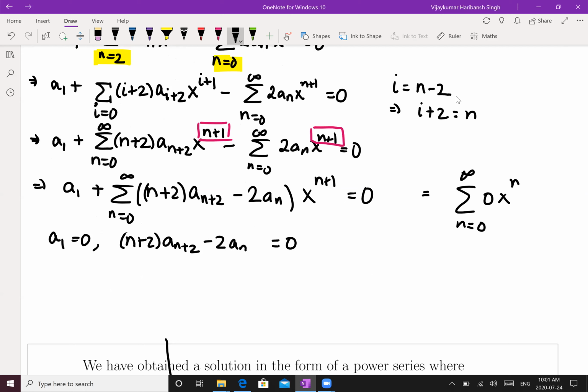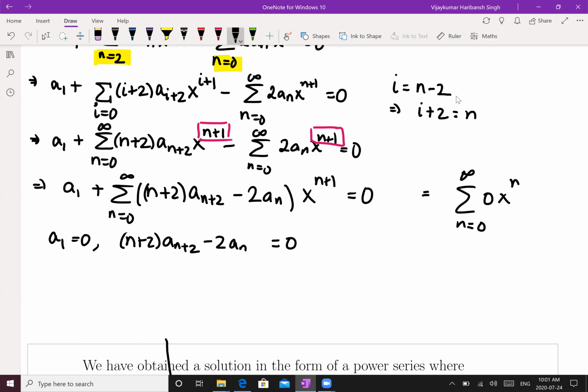a2, when you put in this equation, we have a_{n+2} equals 2 upon n+2 times a_n, right?